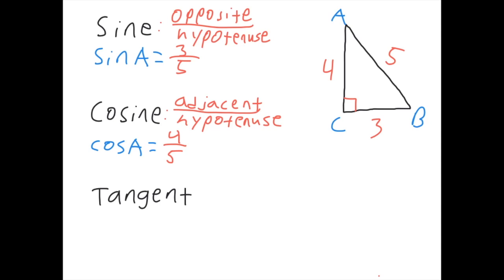Now for tangent. The ratio for tangent is opposite over adjacent.